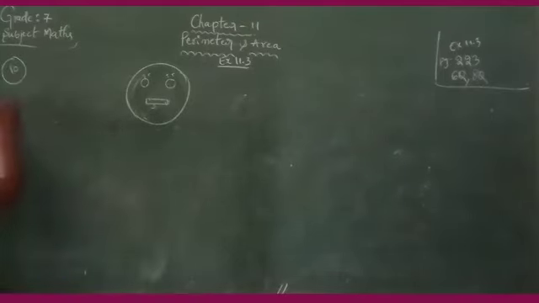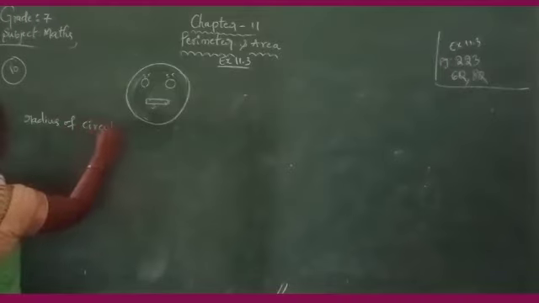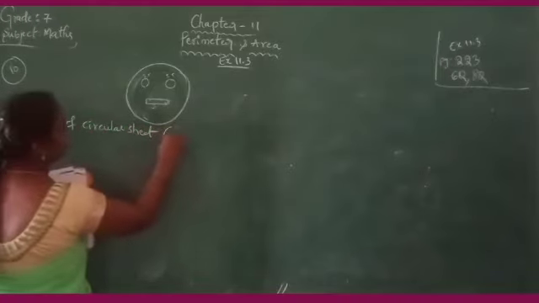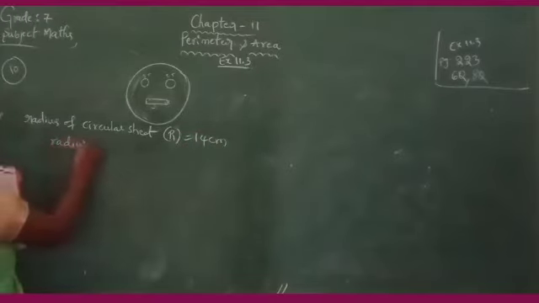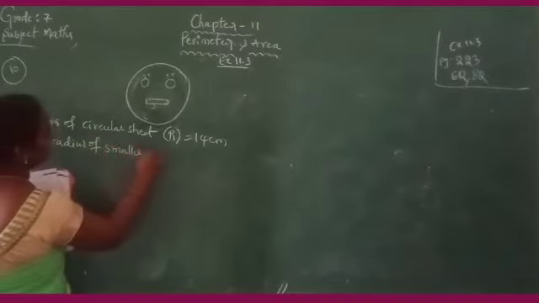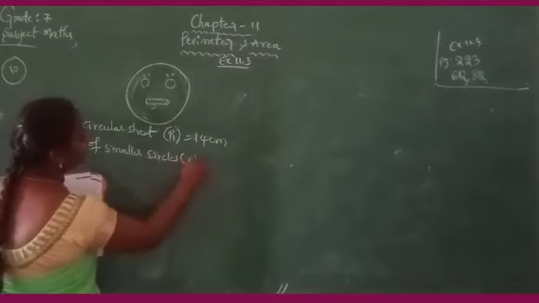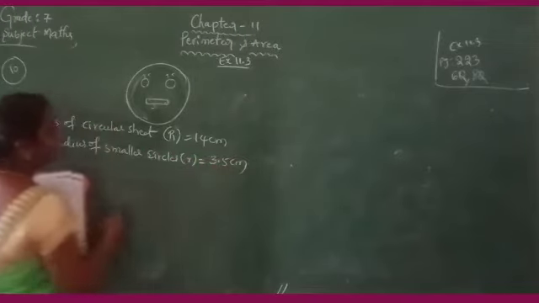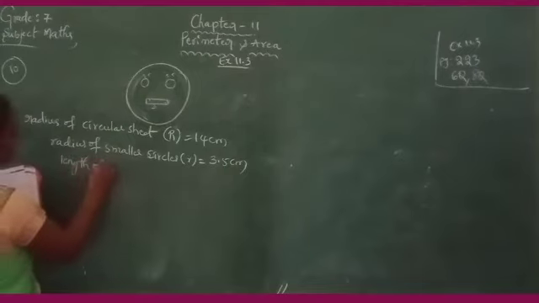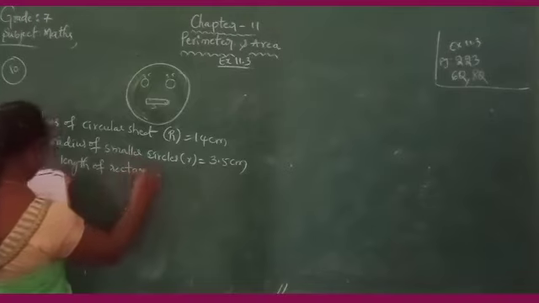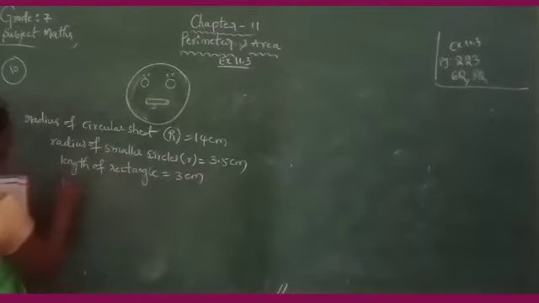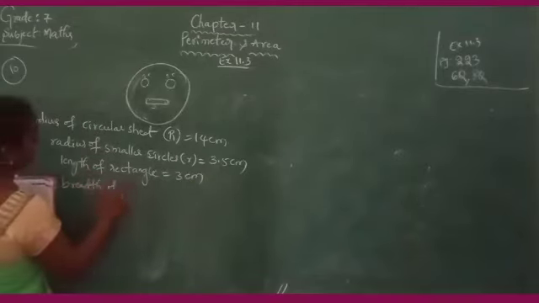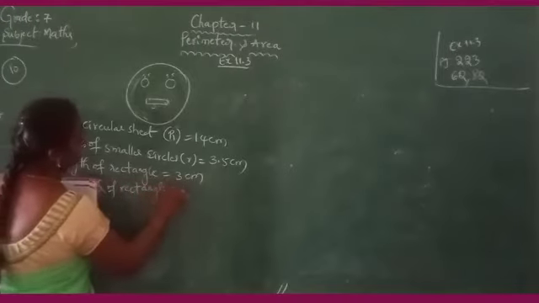First, given the radius of the circular sheet, capital R is equal to 14 centimeters, and the radius of the smaller circles is 3.5 centimeters. And given the length of the rectangle is 3 centimeters and the breadth of the rectangle is 1 centimeter.